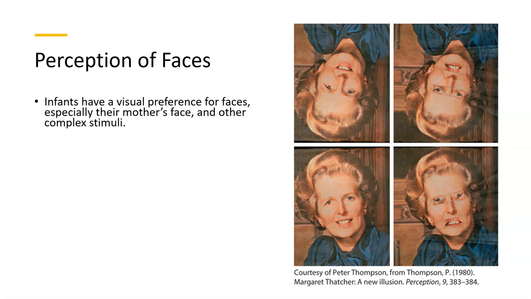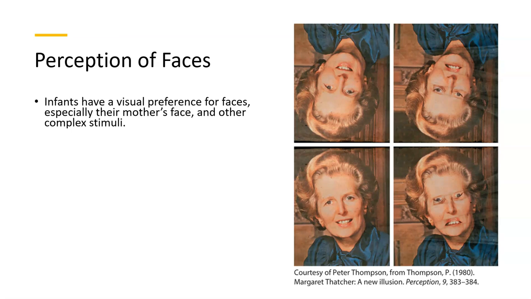So if you look at the bottom two images, the one on the left is the natural face of Margaret Thatcher. The one on the right, her eyes have been flipped upside down and her mouth has been flipped upside down, and she looks pretty darned horrific, right? Really pretty terrifying. So adults pretty readily recognize that.